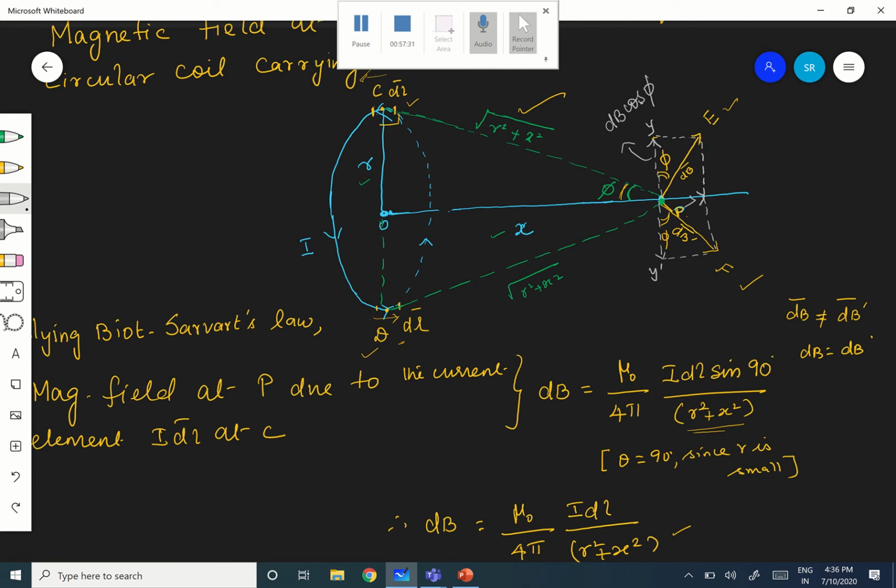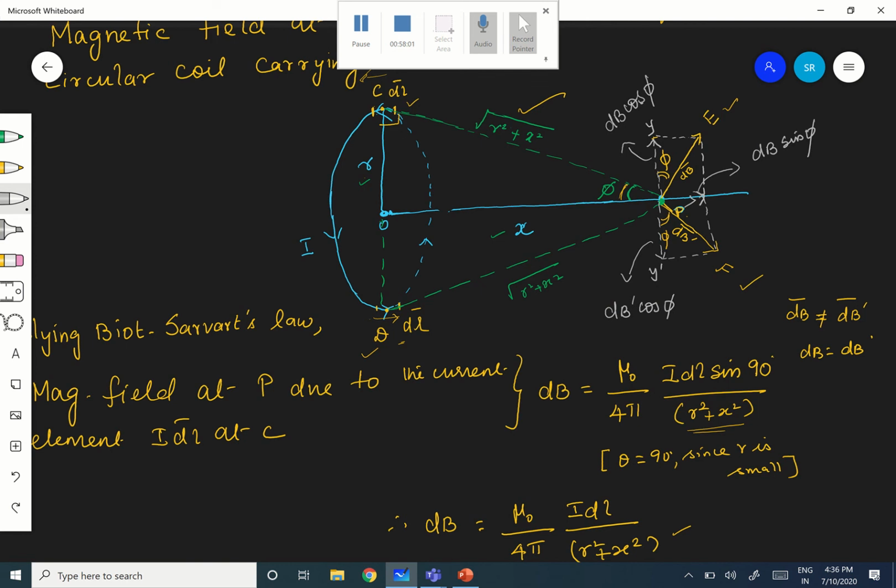Correct? And what do you say about this component, this dB component? That is nothing but dB sin phi. Like that, what is your PY dash? PY dash is nothing but dB dash cos phi.